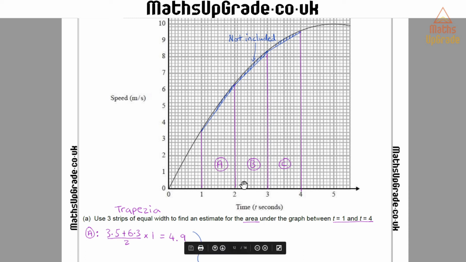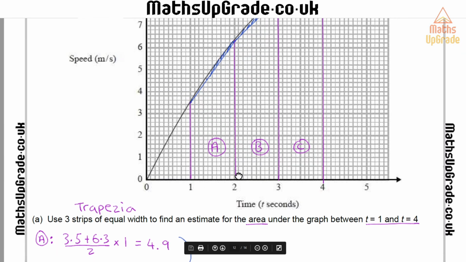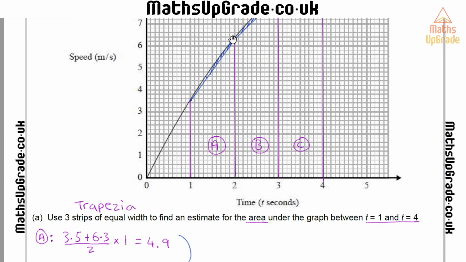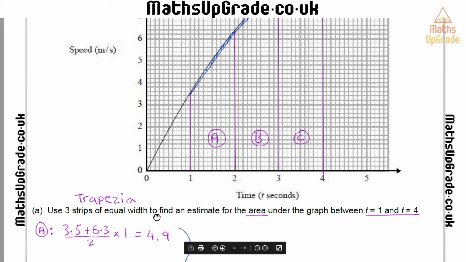So for section A, for example, this parallel side has got a length of 6.3. This parallel side's got a length of 3.5. I add those together, divide it by 2, so in essence I'm finding the mean average of these 2 sides, and I multiply by the perpendicular distance between them, which in this case is 1 second, and that gives me 4.9.